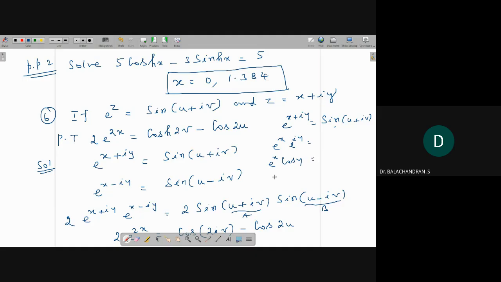Imaginary part is e power x into sine y. Here also you should write the real part and the imaginary part. And then we need this final answer. So from these two equations, you need to try to get this equation. So this is the idea. So now you can try.